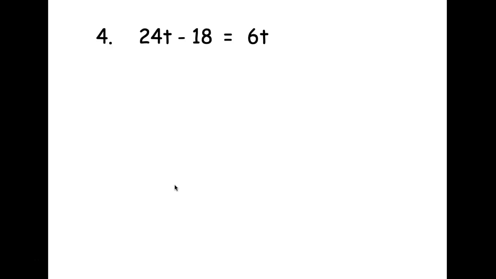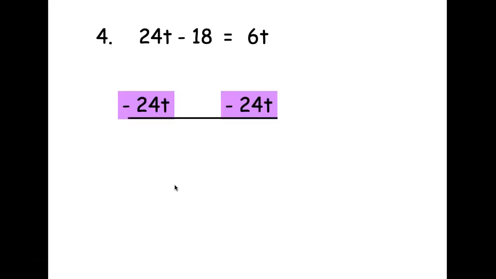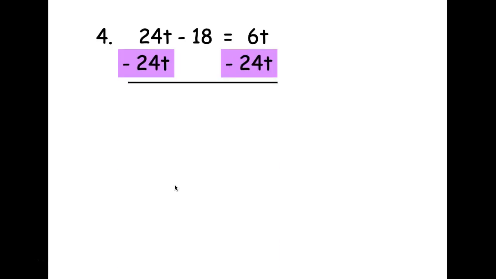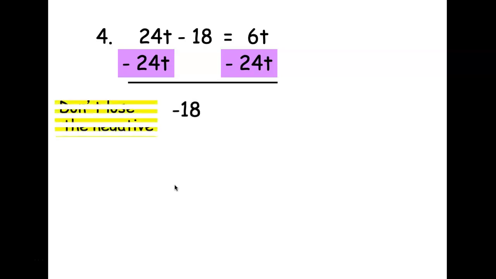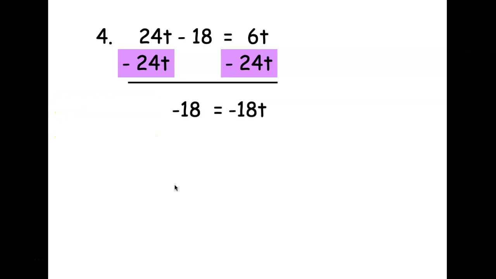Okay, playing it again. Here is the solution. We are going to subtract 24t on both sides, and then you bring down minus 18. 6 minus 24 will give you negative 18, and we just put back the letter or the variable. Then this is a one-step equation.